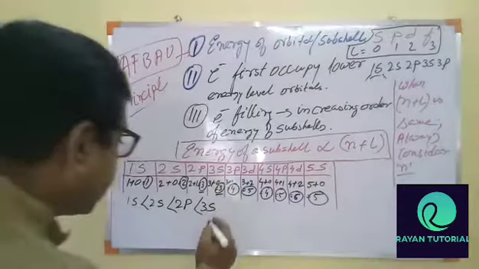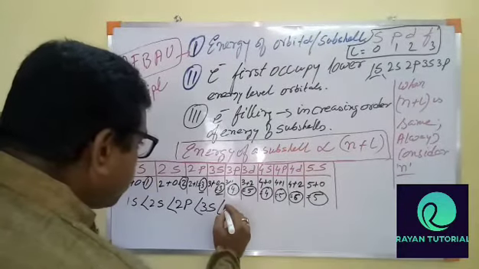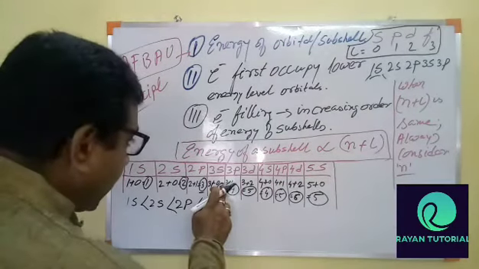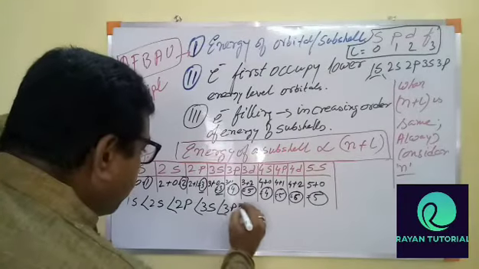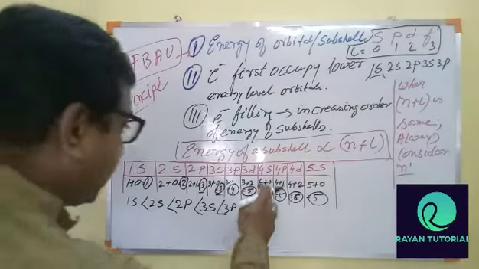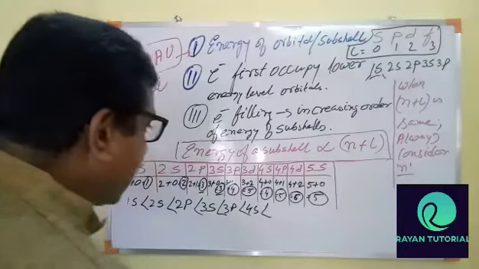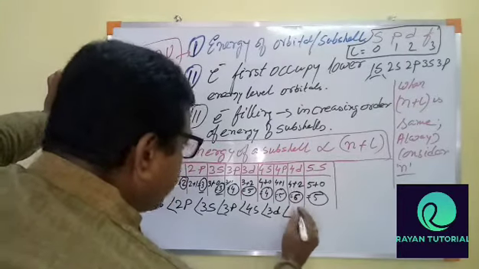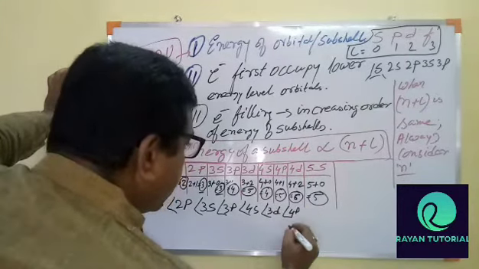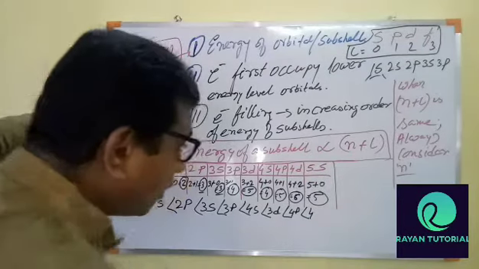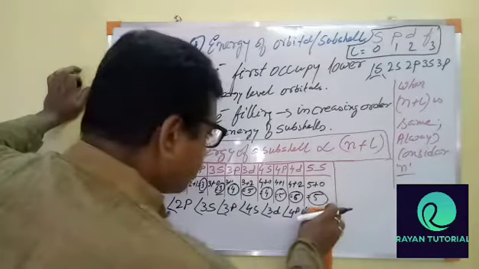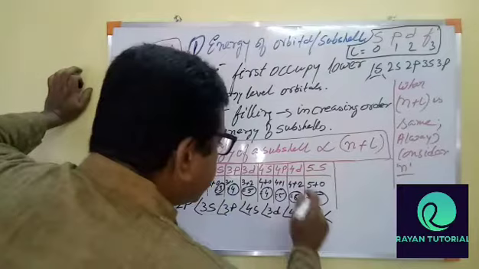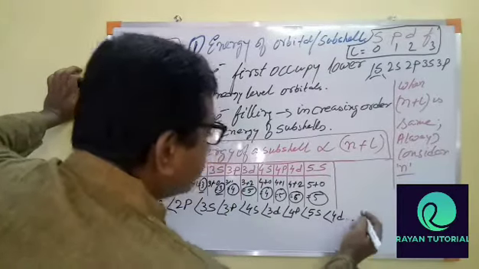Then after 3s becomes 4. Now see, this is also 4, this is also 4. Here N is 3, here N is 4. So 3p, after that 4s. After that 4, then 5. So 3d, then 4p, then 5s, then 4d, and so on.